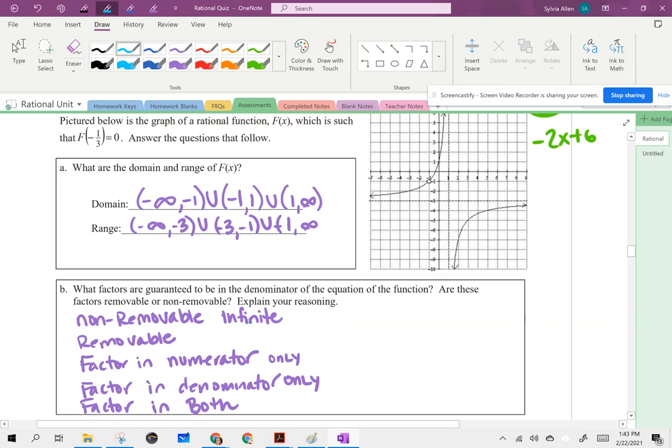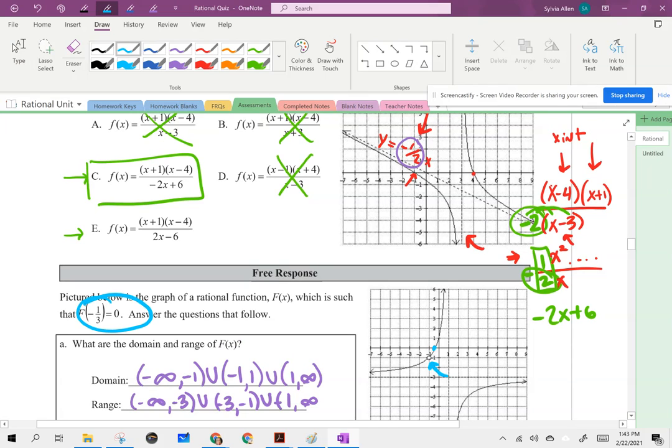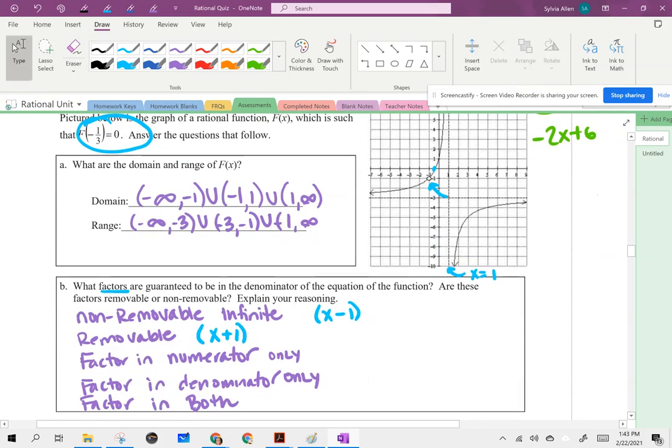So non-removable infinite, and again, we want to do the factors. We're talking about x equals 1. So the factor is x minus 1. Removable is going to be the hole. And again, that is just the factored form of x plus 1. The factor in the numerator, I do believe it tells us that f of -1/3 equals 0.